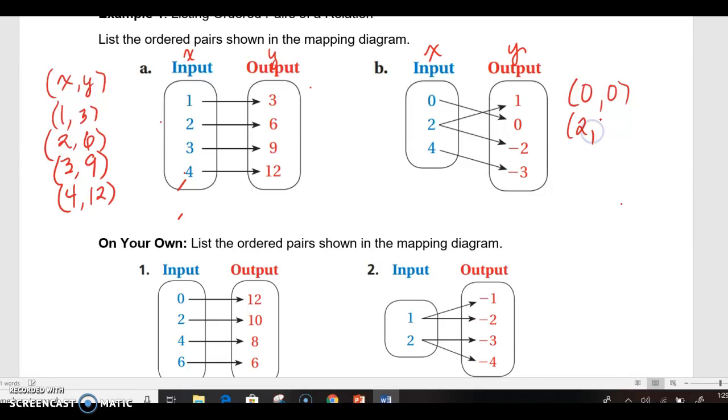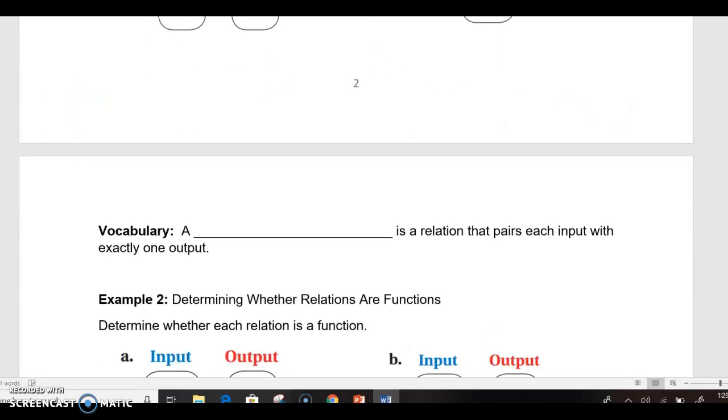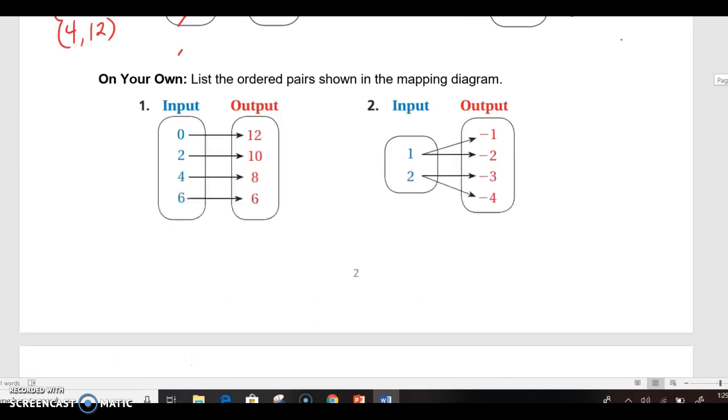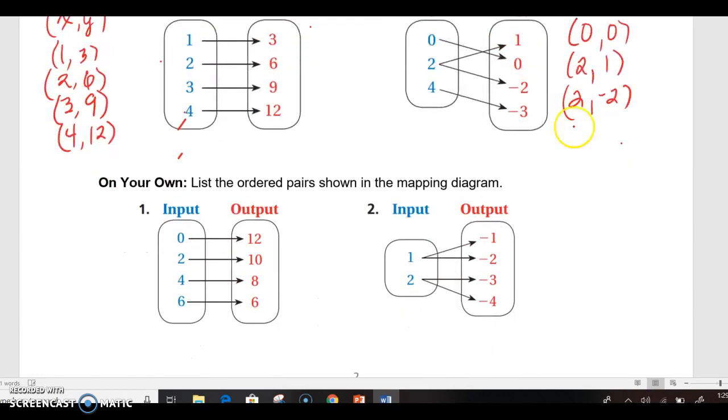The input 2 is paired with the output 1, and it's also paired with the output negative 2. So we have 2 ordered pairs containing the input 2. And then there's one more there. That last one is the input 4 and the output negative 3. So we have 4 sets of ordered pairs, even though we only have 3 inputs.